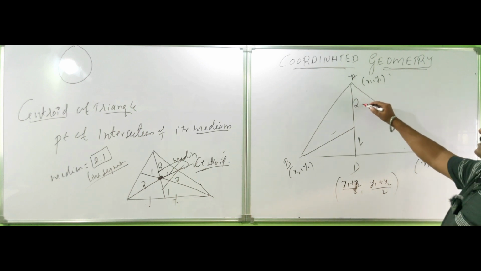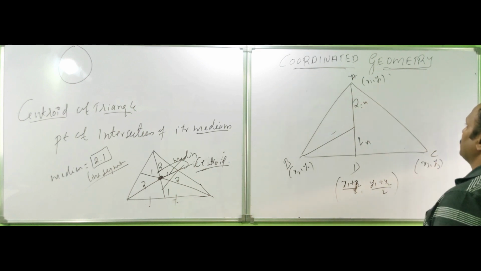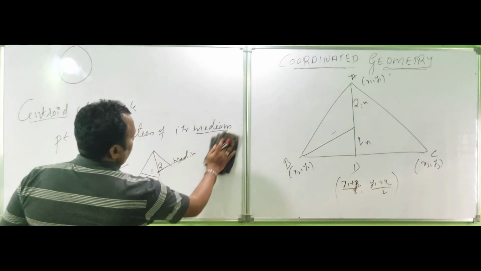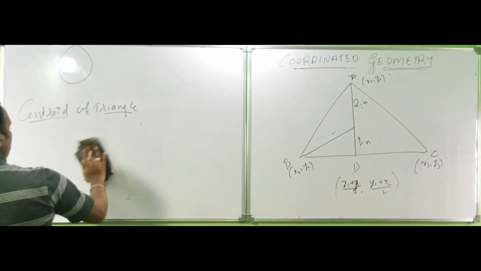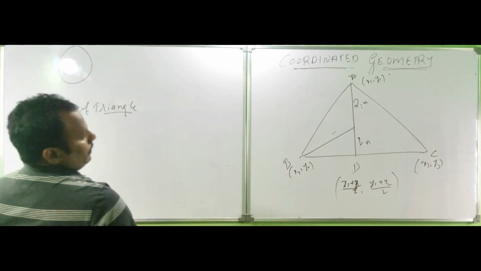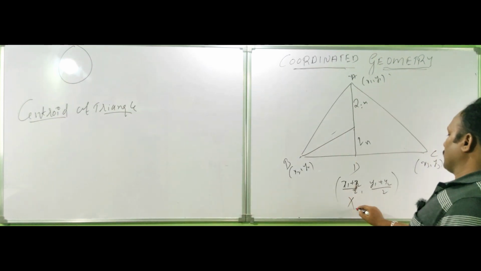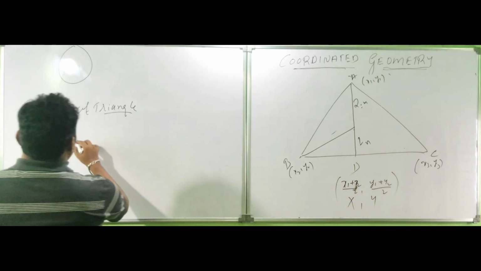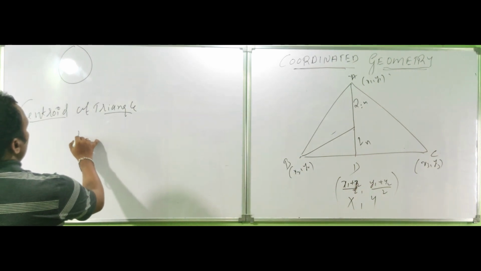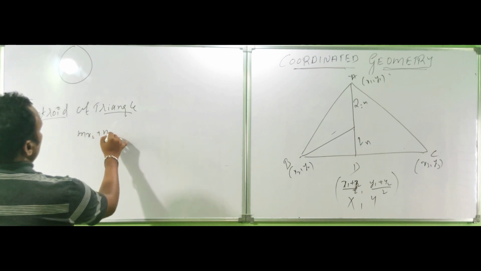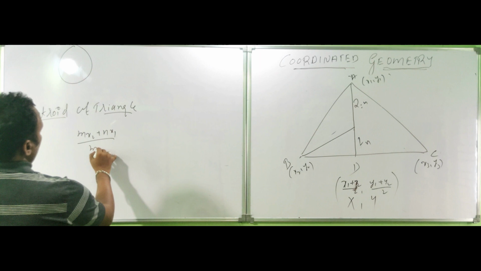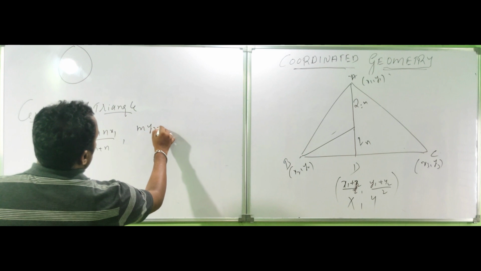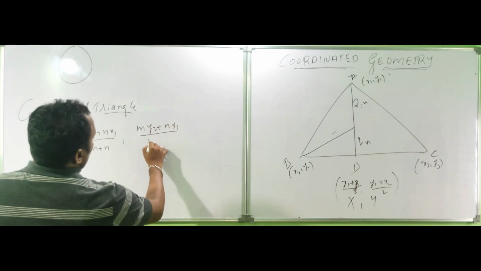This is M, this is N. Just apply the section formula here: (m x2 plus n x1) divided by (m plus n), and (m y2 plus n y1) divided by (m plus n).